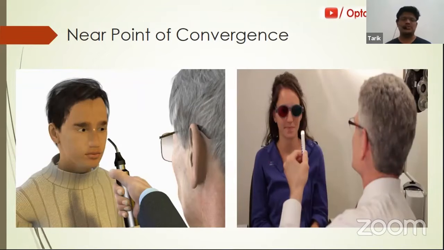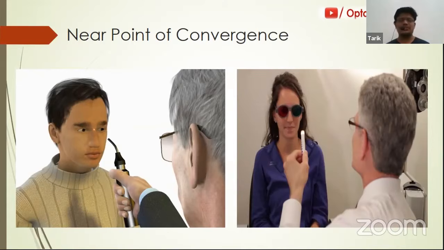In the first test, the patient can still use the amount of motor fusion, or rather the sensory fusion, to keep it single. But the moment you use your pen light and red green method, the complete fusion is broken, it is dissociated, and you can get a better value, or rather the exact value, of whether the patient has any problem or not.